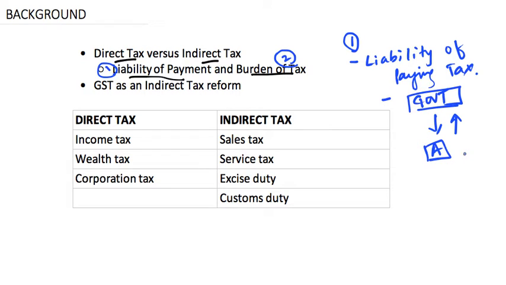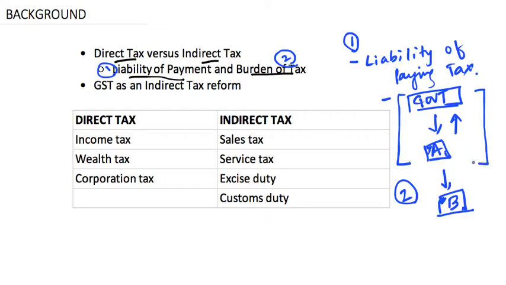But the burden of taxation may not lie on A. A is the person who is supposed to deposit the tax to the government, but when we talk about burden of taxation, the burden of taxation may lie on B or may also lie on A, depending upon the type of tax.